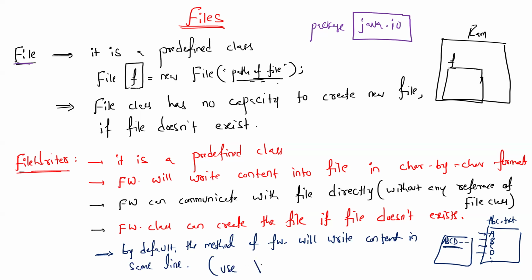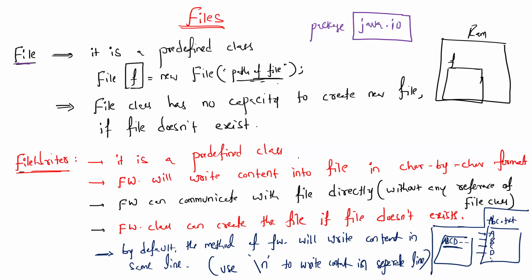Use \n, the escape sequence, to write content in separate lines. Every time the programmer has to write it whenever we want a new line. Otherwise the default nature will come into the picture and write everything in the same line only. That's the limitation of this file writer.